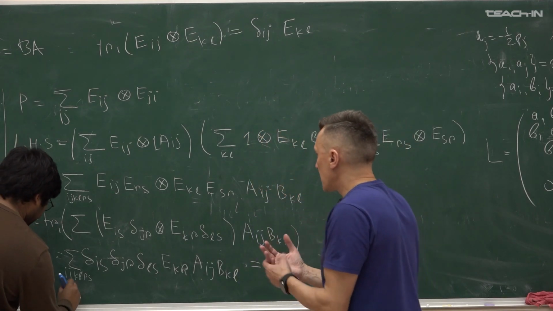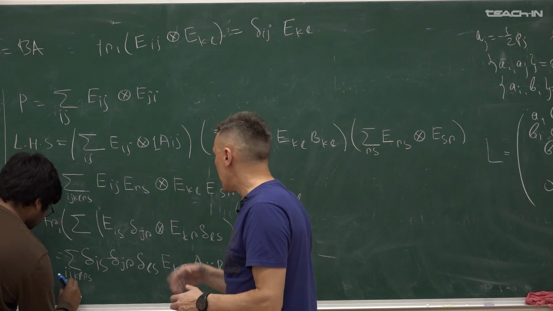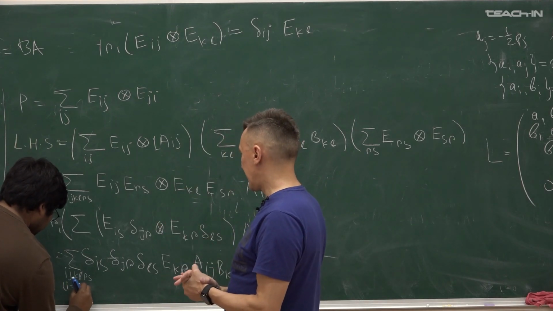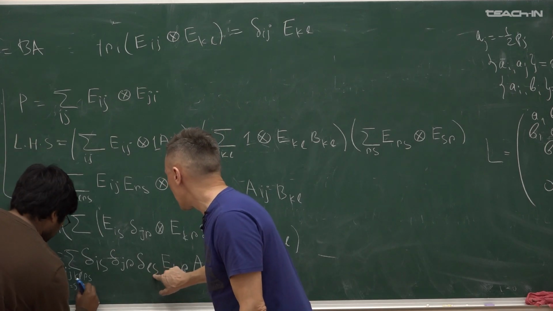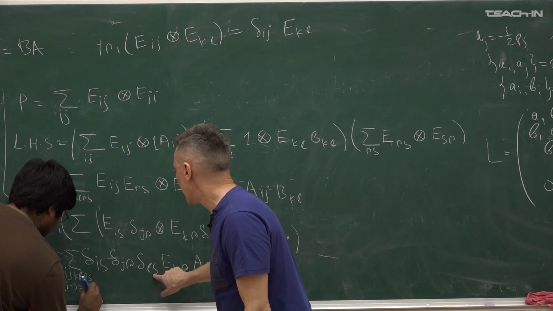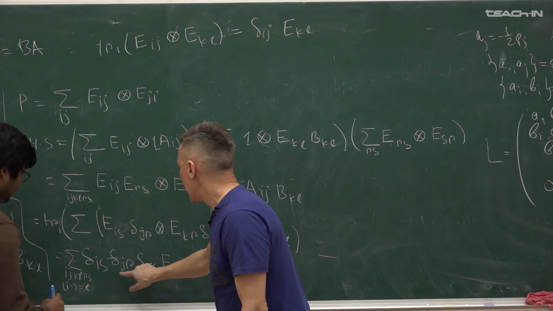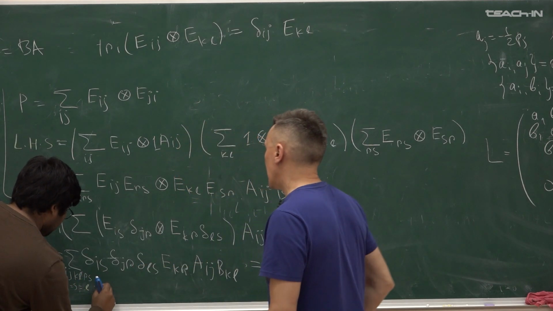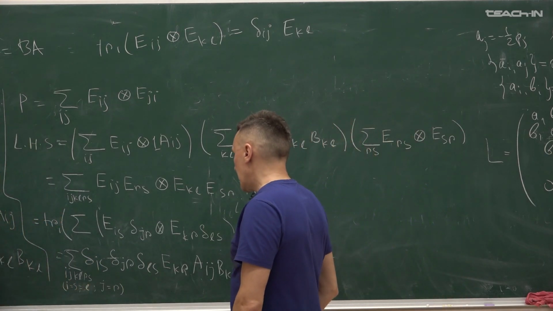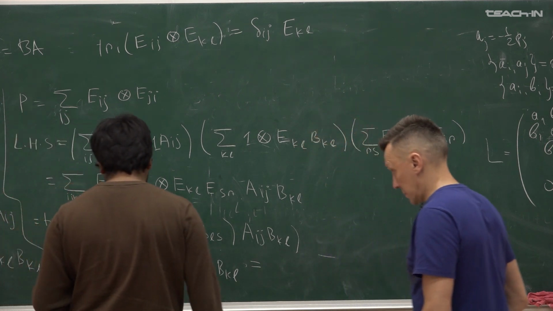It means that you have now only three indices. I equal to S, and equal to L, and J equal to R. Then we can use it over here and get rid of that.